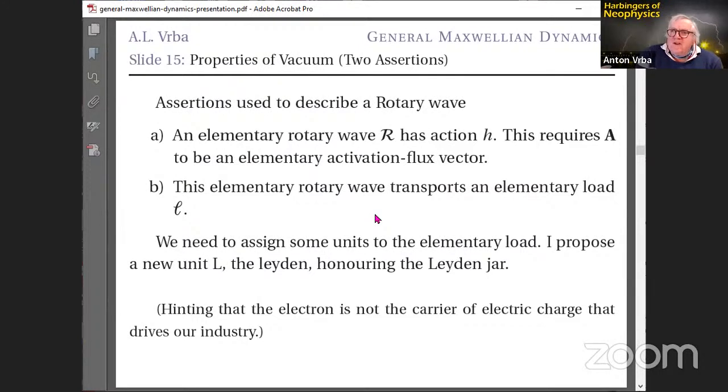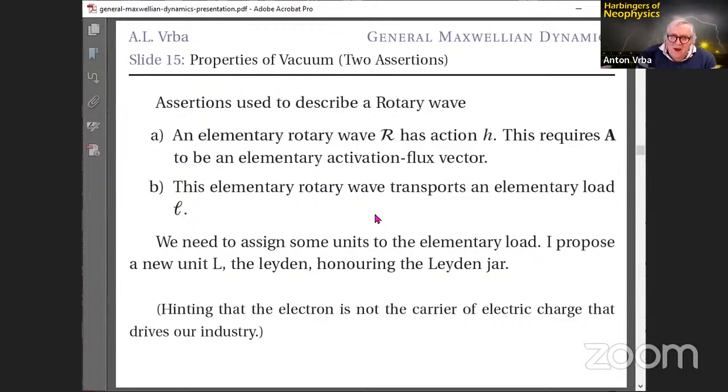We need to give it some units, and I propose a unit L for this, calling it the Leyden, honoring the Leyden jar, which was first used by early 18th or 19th century scientists doing experiments with static electricity.